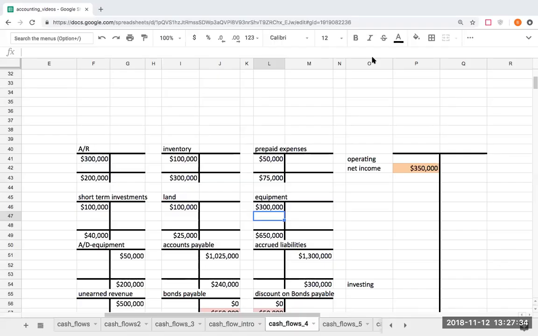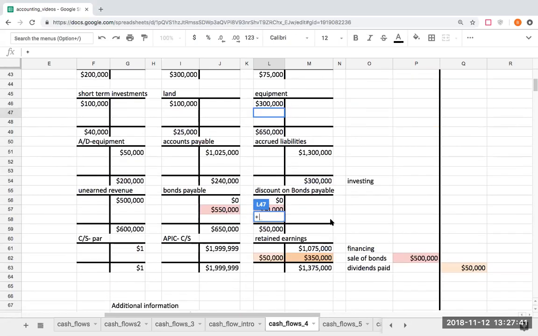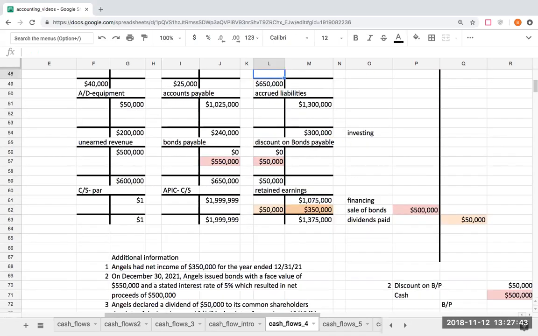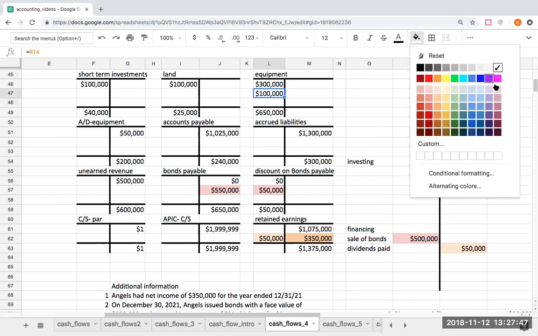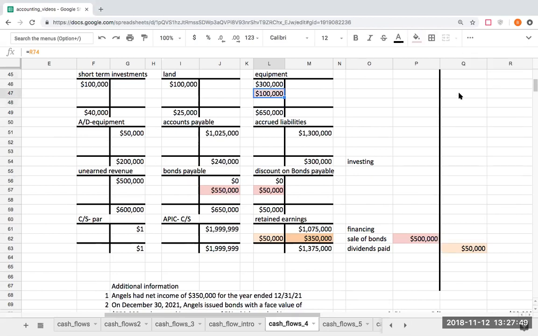So what I'm going to do here is increase my equipment by the 100,000. And at the same time, I'm going to increase my bonds payable by 100,000.